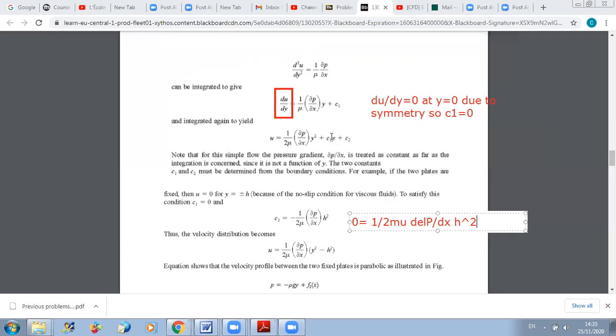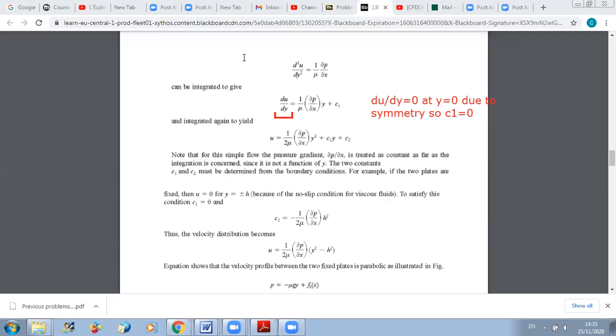And c1 is already 0, so it will cancel out. So plus c2. Then I can deduce the value of c2. So c2 is minus 1 over 2 mu times del p by del x times h squared. And now I found my constants c1 and c2.